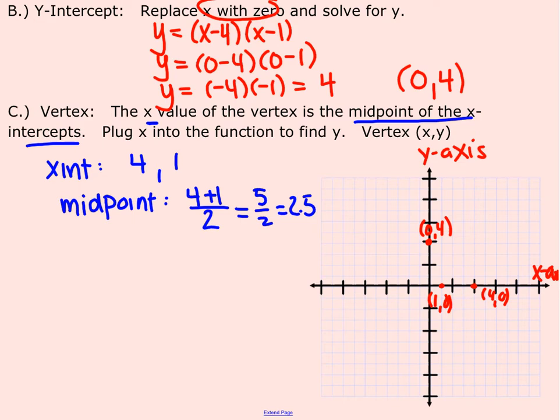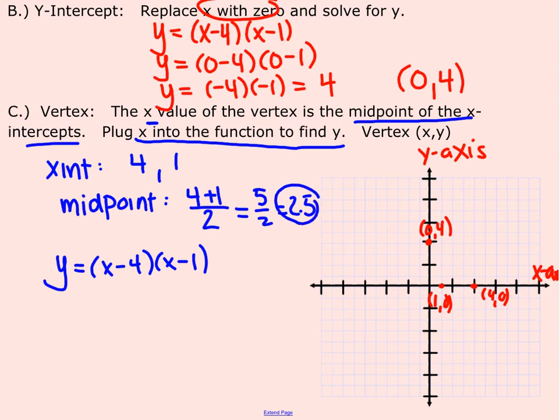Now to find the y, you're going to plug x into the function to find y. So our function was y equals x minus 4, x minus 1. We're going to substitute this 2.5 in for x to find y.